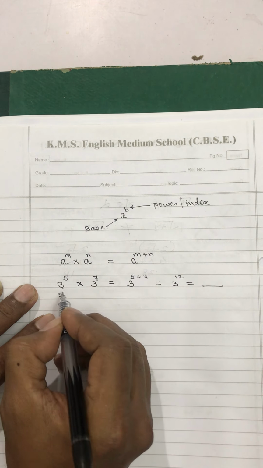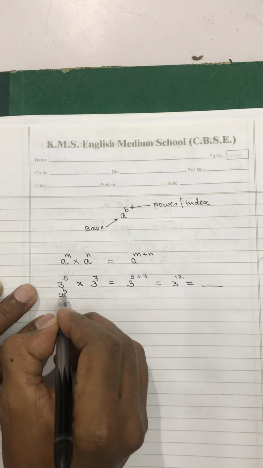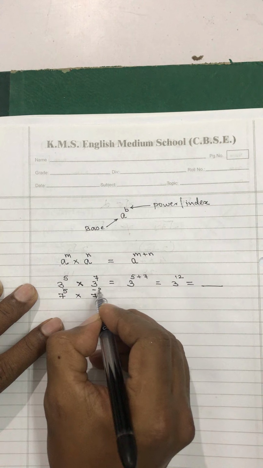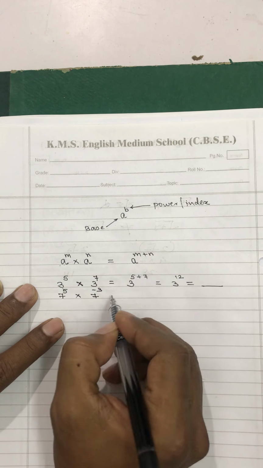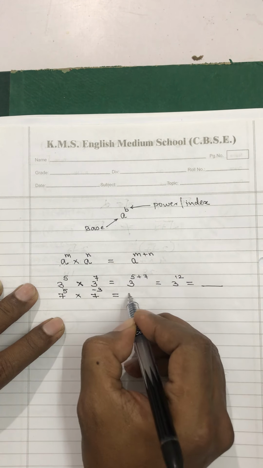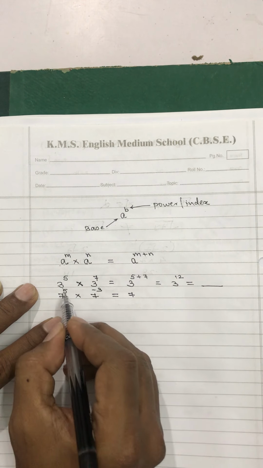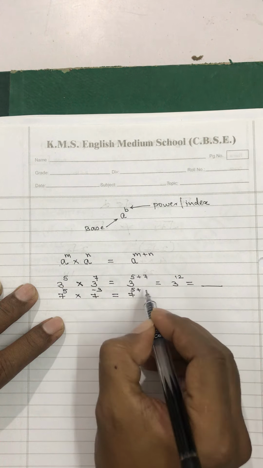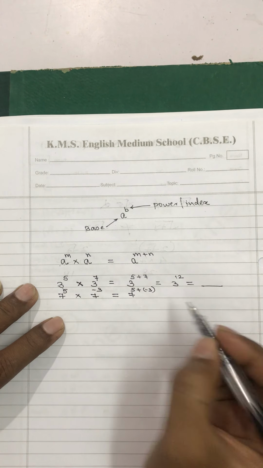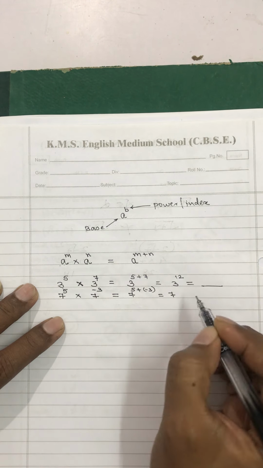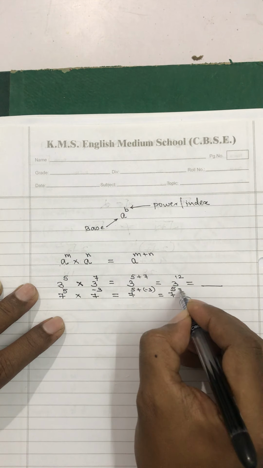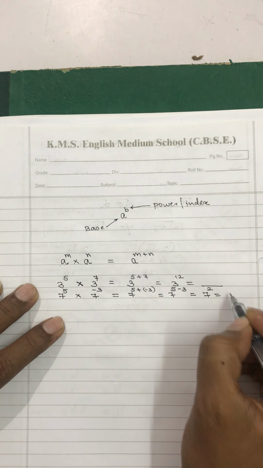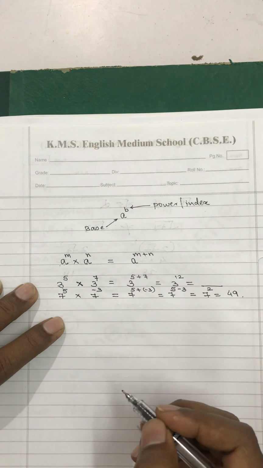7 raised to the power of 5 into 7 raised to the power of minus 3. Here again the same thing will happen. You will copy the base once and then the powers will add. 5 plus minus 3, that will make 7 raised to the power of 5 minus 3, that will make 7 raised to the power of 2, 7 square, that will be 49.